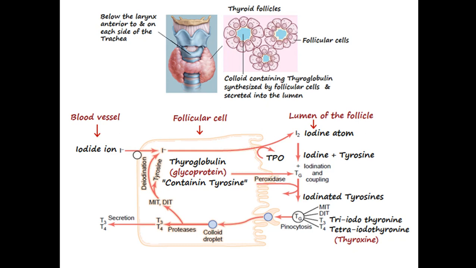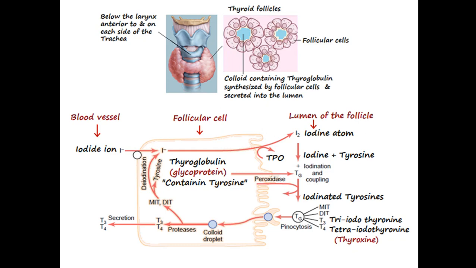Now, the thyroid gland forms thyroid hormones. The two major hormones are thyroxine or tetraiodothyronine, T4, and triiodothyronine or T3.